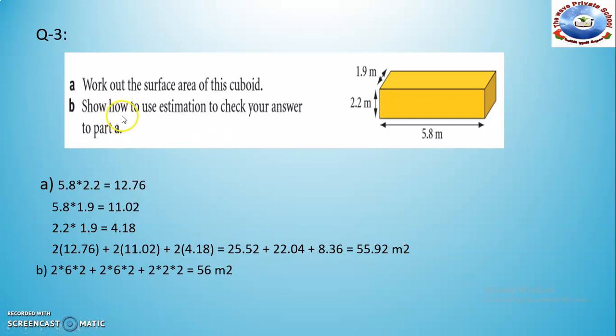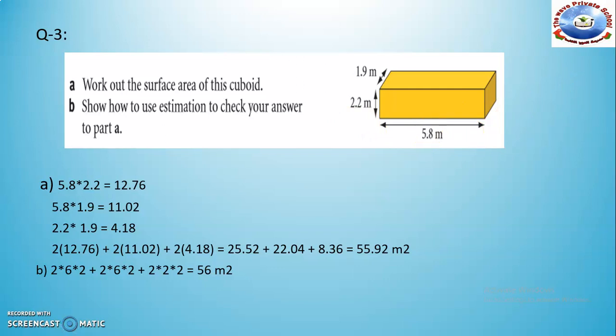And what is part B? Show how to use estimation to check your answer to part A. Estimation: as you can see here, length, width and height are given in decimals. So you just estimate these values. If we estimate 5.8, it will be equal to 6.